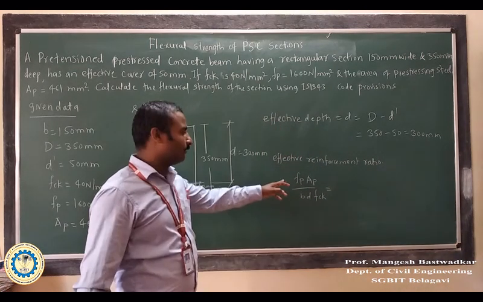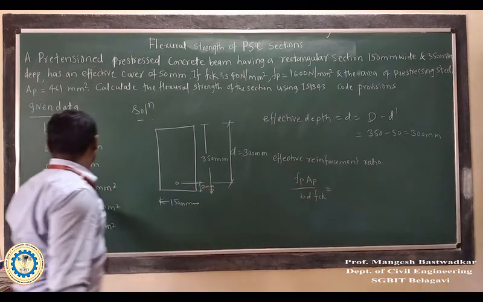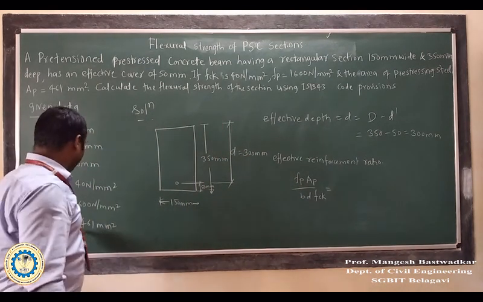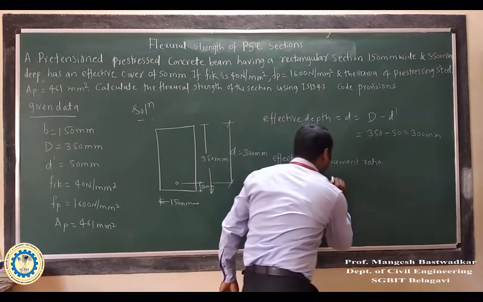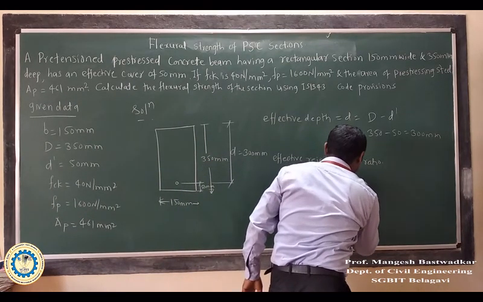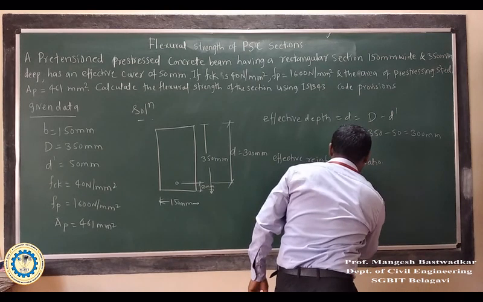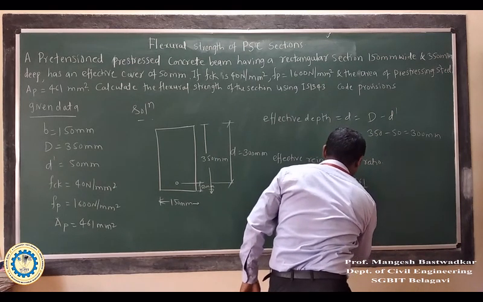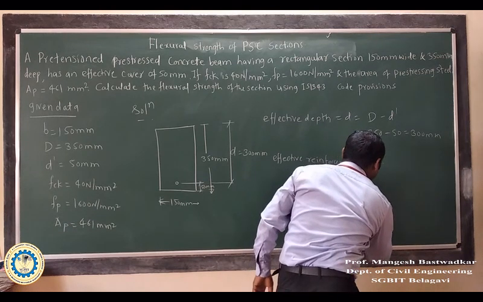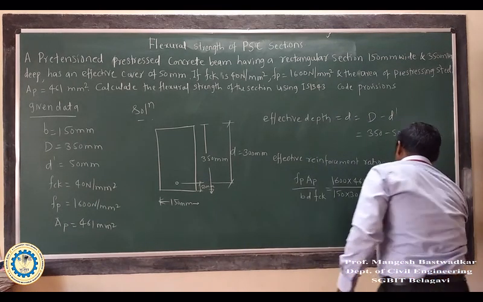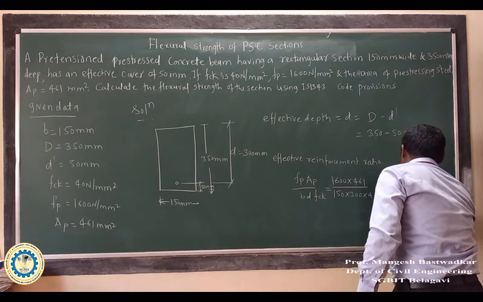Here fp is given in the problem, it is 1600, Ap is the area of pre-stressing steel, so we substitute 1600 into 461 divided by b is 150, d is 300, the effective depth, fck is 40. So we get this value, 0.40.